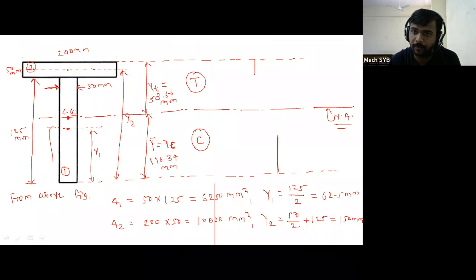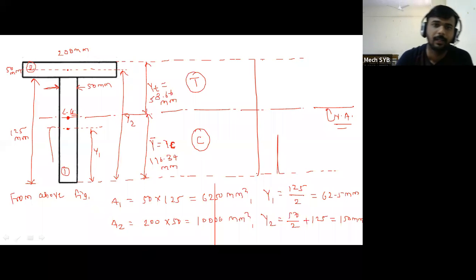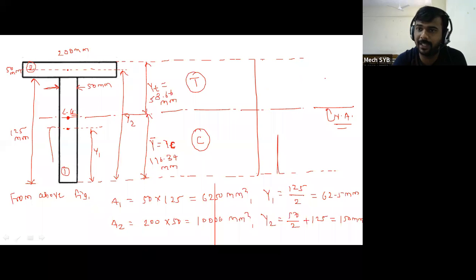You have to draw one vertical straight line. Sigma t will be represented at the right side or left side? Right side. So on the right side of this vertical line you will have sigma t.